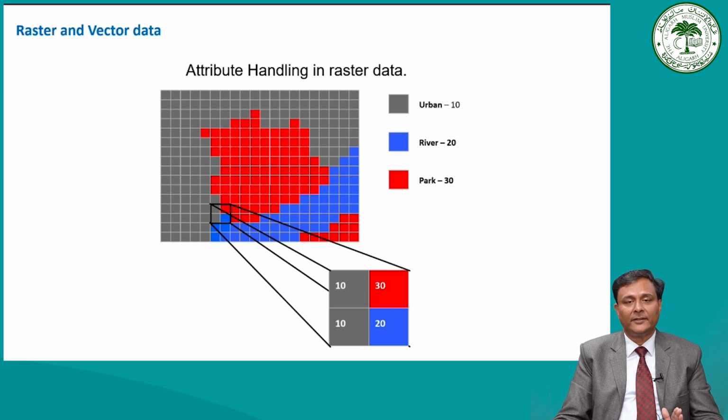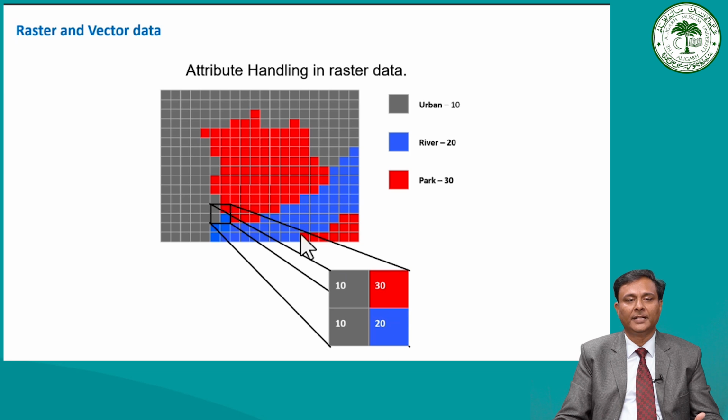So attribute handling in raster data is done with each pixel assigned a single value which represents a real world object. As I am saying, urban, river and park are assigned as 10, 20 and 30 respectively. The pixel can hold this numeric data, and each pixel value in the raster here represents a feature class, like the urban, river or park.